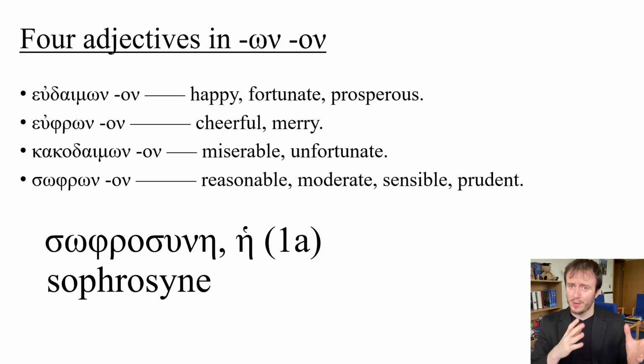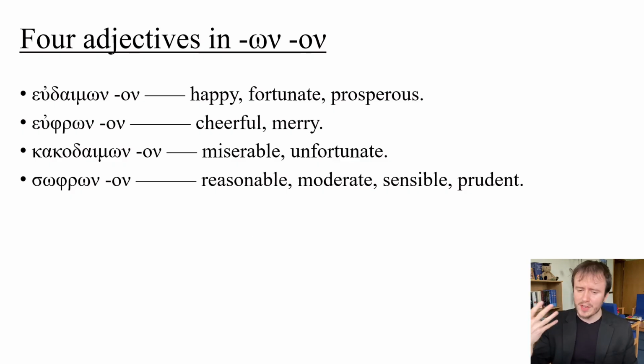So if you want to look into it further, you can check out information about sophrosyne, because this is the adjectival version of that virtue. If you have sophrosyne, then you are sophron. And it's something like being of sound mind, being sensible, being moderate, being prudent. It's difficult to capture in English, but we can get close to the meaning with these 4 words.